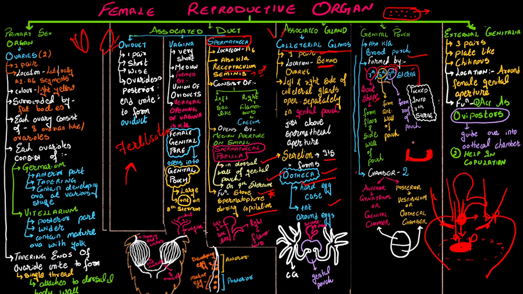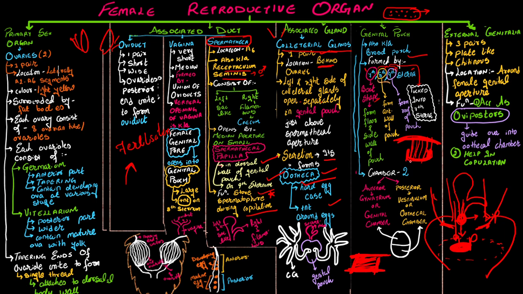The 8th sterna forms the anterior, that means the front wall of the pouch, and the 9th one forms the roof. Again I am repeating: the roof is formed by the 9th sterna, floor and side by the 7th sterna, and the front side by the 8th sterna.